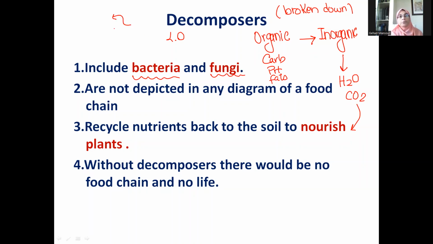The most important reason is that they recycle the organic material, and the second important reason is that they prevent the accumulation of biomass on Earth. Recycling is important. We will say why. At the same time, they prevent the accumulation of biomass.